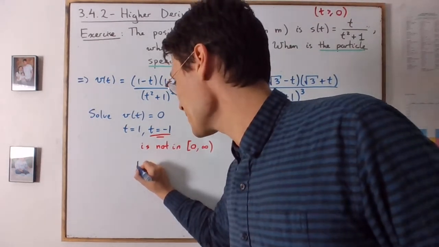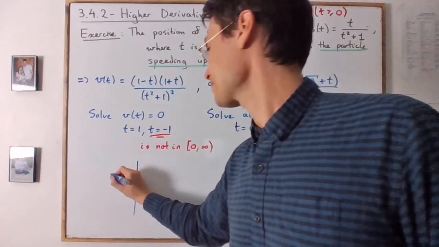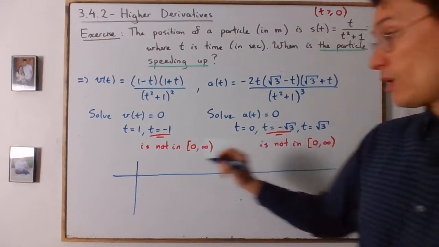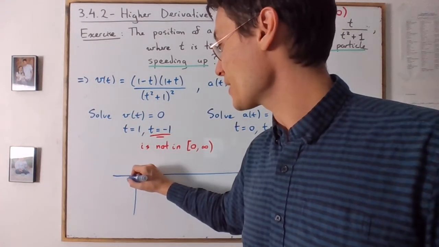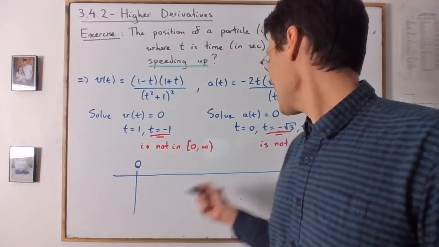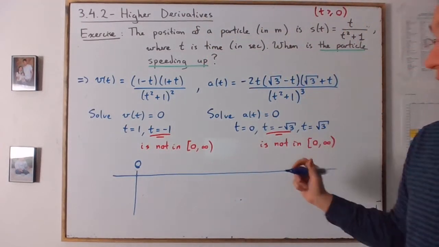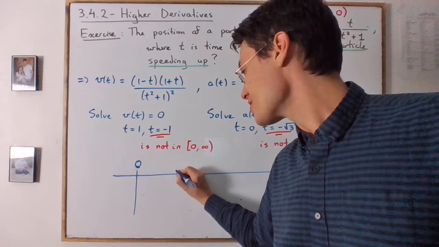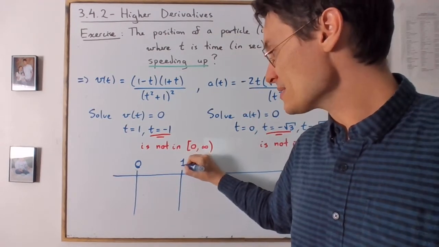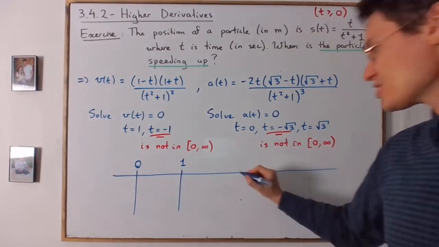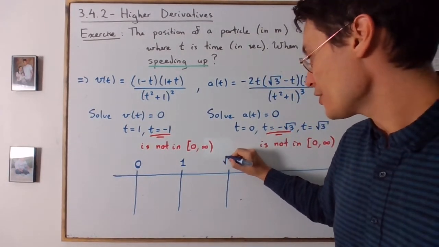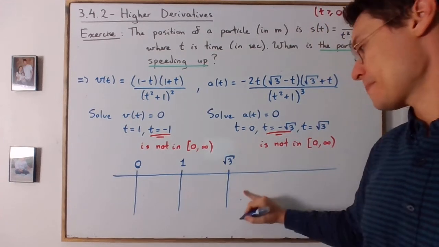What you do is very simple. First you put 0, so this corresponds to the 0 position. And you're going to put in order the points at which the velocity is changing, so 1 in this case, and the point at which the acceleration is changing, so in this case it's going to be the square root of 3.